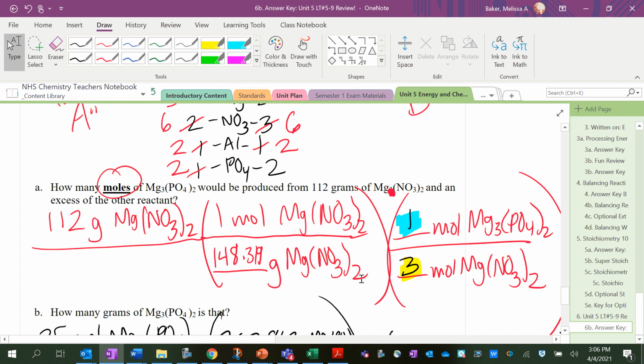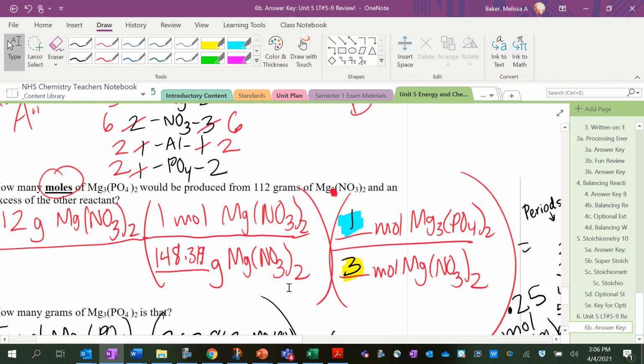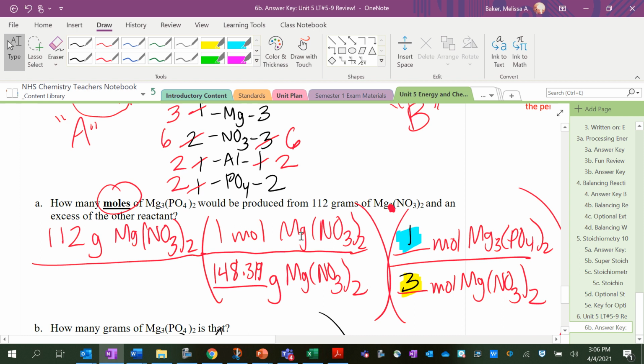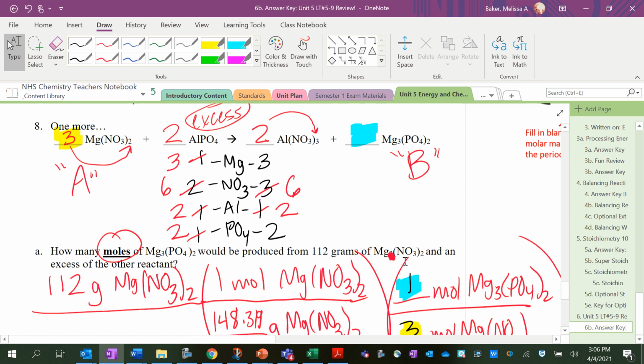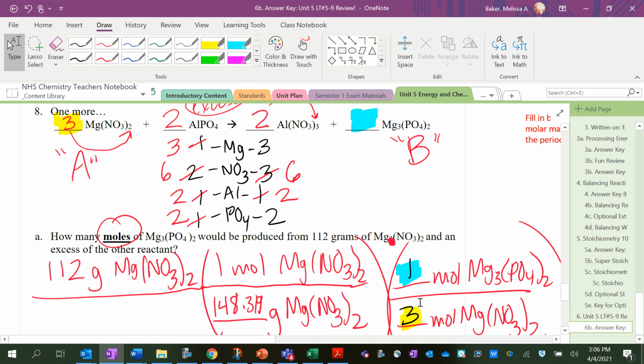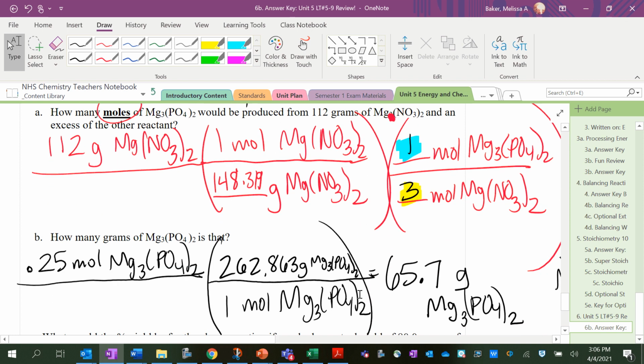So 6 oxygens plus 2 nitrogens. That's 28.014 plus. So that's right. 112 grams of this. And then 3 moles of that. 1 mole of Mg3PO42. Okay.